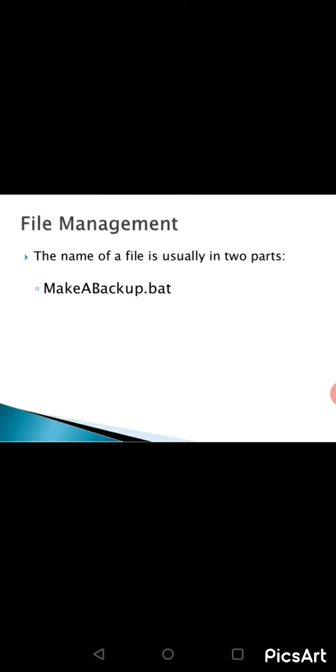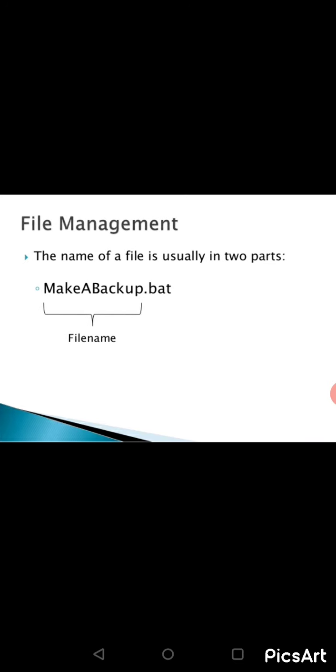Suppose this is my backup.bat file. Here .bat is the extension, and backup is my file name. You can give any file name. If your file name is practical first.ppt, this is a PowerPoint file, so .ppt is the extension.